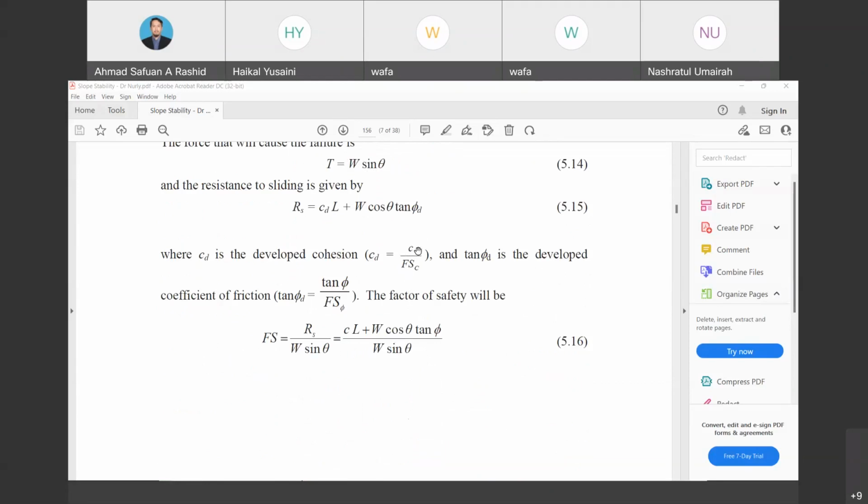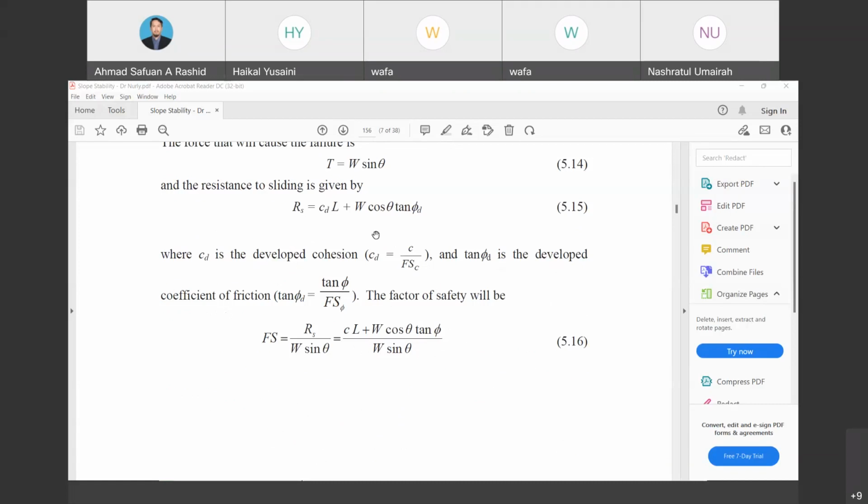So we may use this equation, which is CD equal to C over Fs, and for the tangent phi d, the developed coefficient of friction, tangent phi d equal to tangent phi over F S phi. So then the factor of safety will be CL plus W cos theta tangent phi over W sin theta.